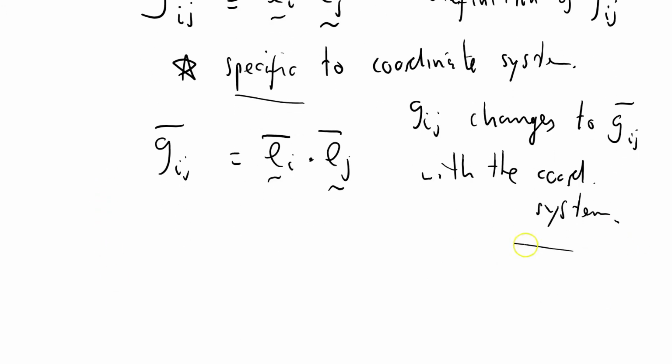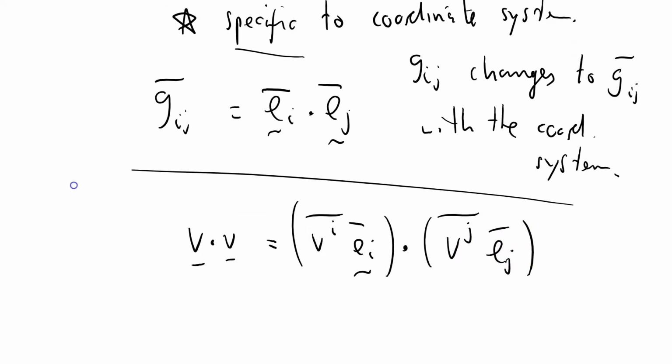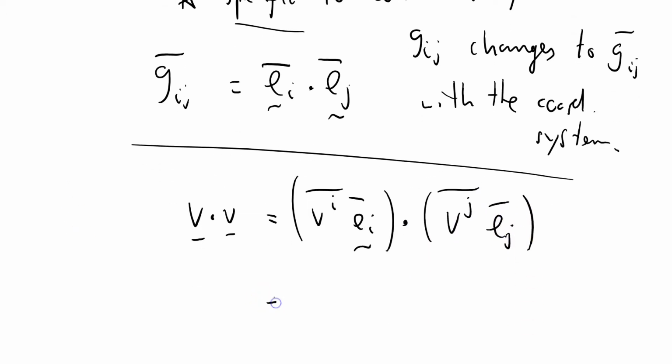Okay, so I'm going to think about this in a barred coordinate system, and I've got v dot v equals v-bar^i e-bar_i dot v-bar^j e-bar_j, which equals v^i e_i dot v^j e_j.